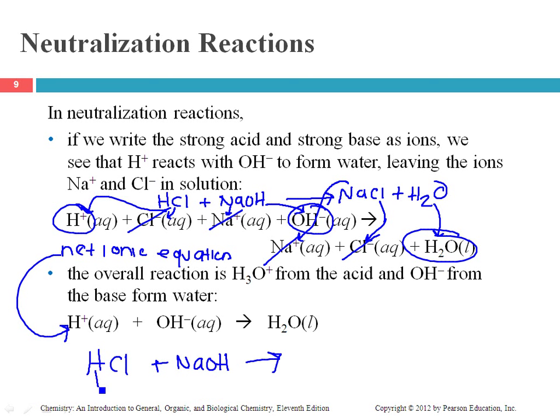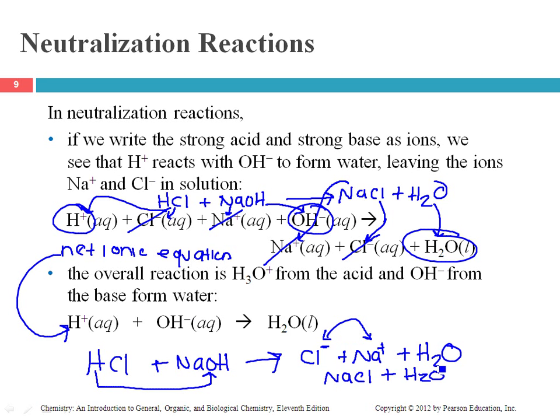Our acid donates a proton, and then we can combine our positive and negative charges to make our salt. But basically, the main thing you want to see from here is that this is how the water is formed. When we break down the net equation, we get H+ plus hydroxide gives us water.